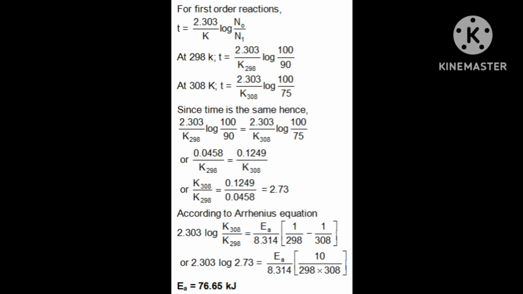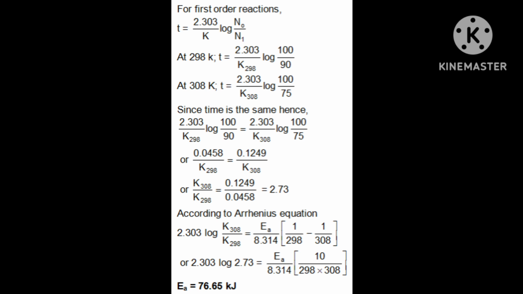Log R0 upon R1, where 0 means initial. Even if you write R1 and R2, R1 means initial concentration and R2 means after some time. Since 1 is less than 2, you can consider 1 as initial and 2 as after some time.